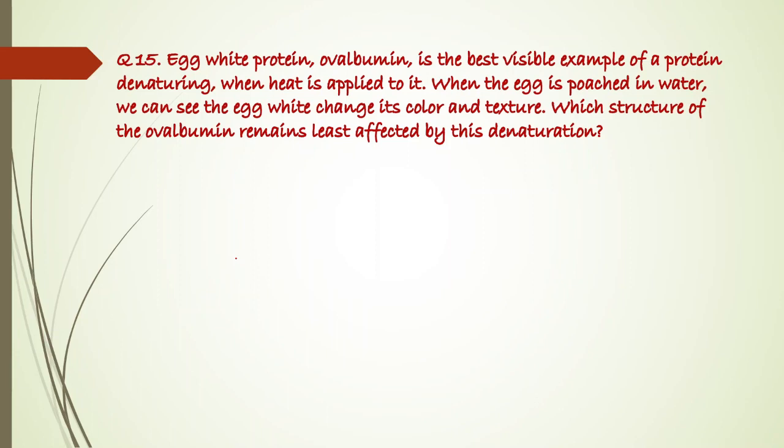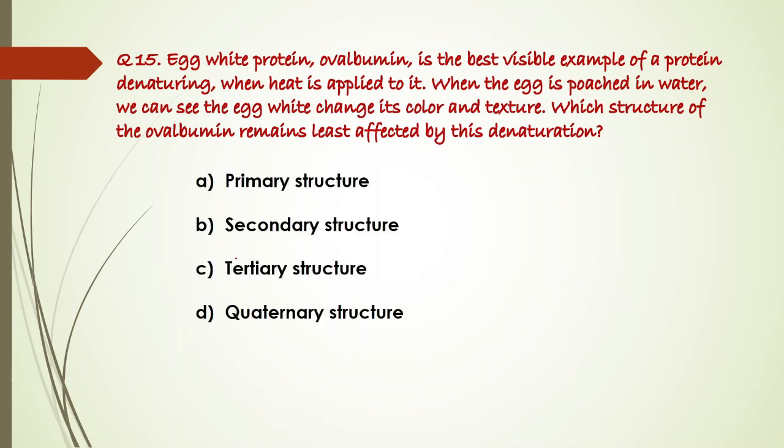Which structure of the ovalbumin remains least affected by this denaturation? These are the four structures: primary, secondary, tertiary and quaternary. Whenever you are boiling the egg, which structure remains least affected? Others get affected obviously, but which remains least affected? Obviously the correct option is primary structure.